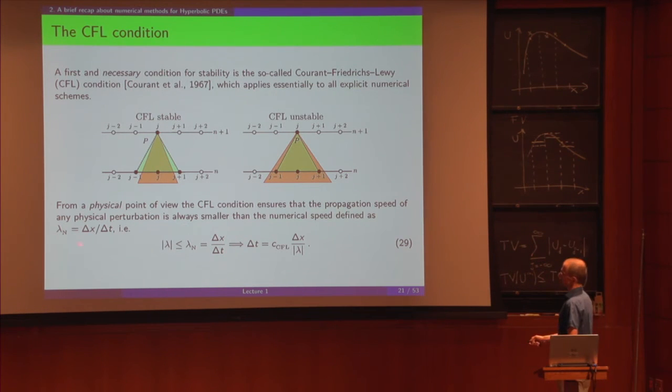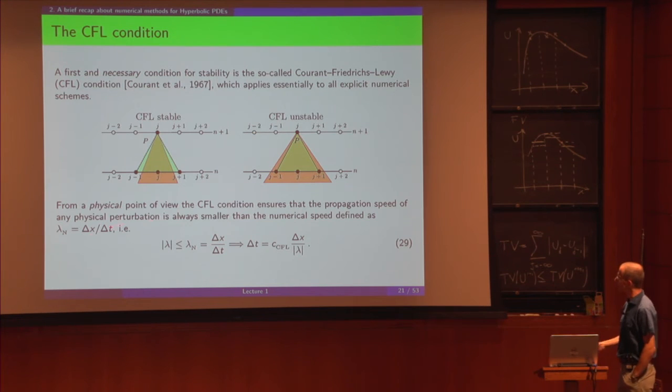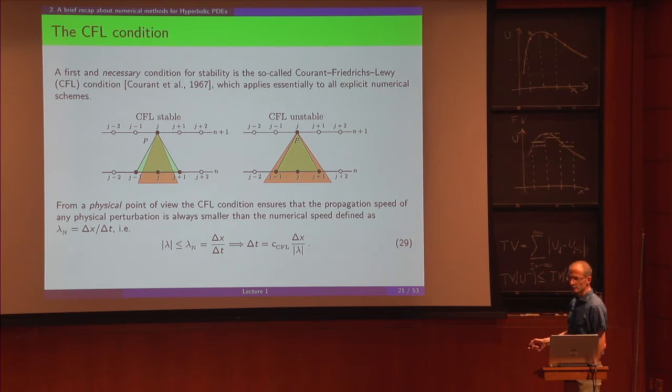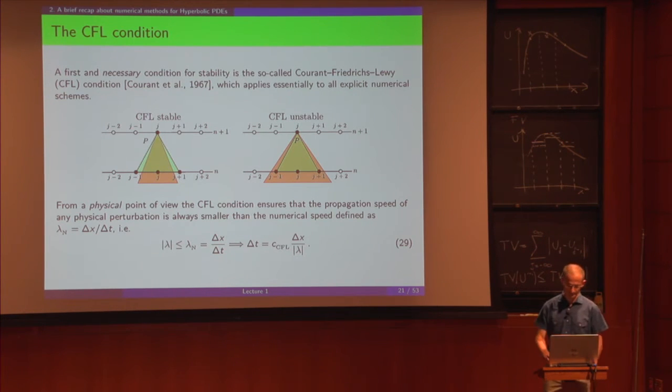You can also rephrase this in terms, of course, of the eigenvalues, because the slope of this numerical domain is dictated by the eigenvalues. And so physically, you want that the maximum possible eigenvalue is smaller than delta x over delta t. And this gives you the celebrated CFL condition. So everywhere you have your Riemann solver implemented, you must take care of computing correctly the maximum possible eigenvalue, or at least an approximation to it.